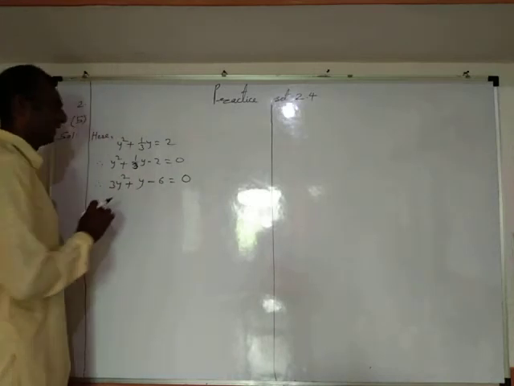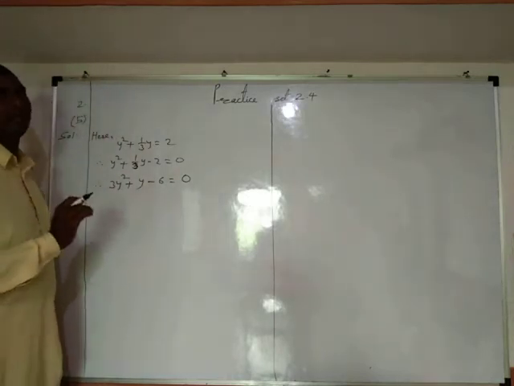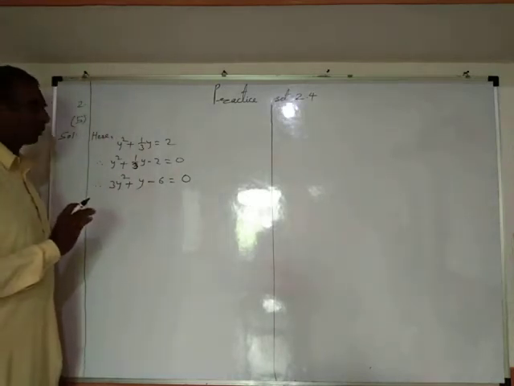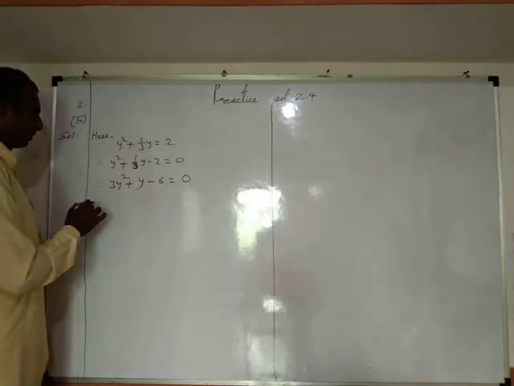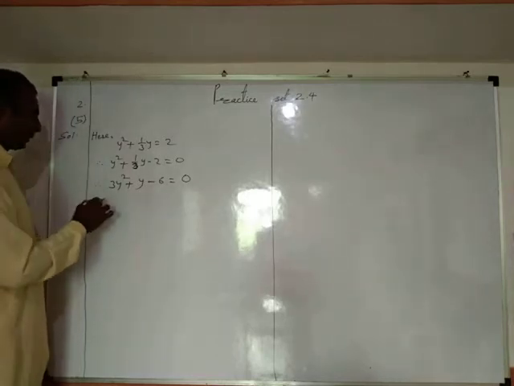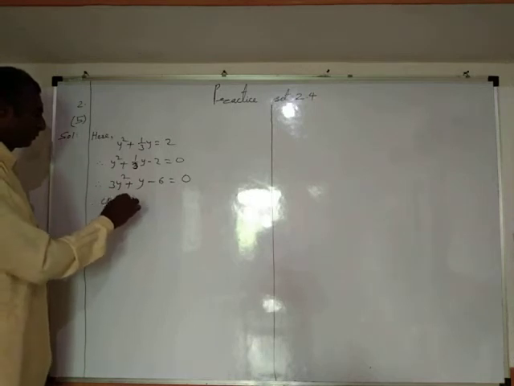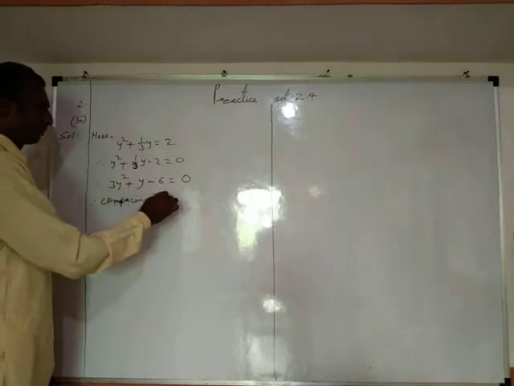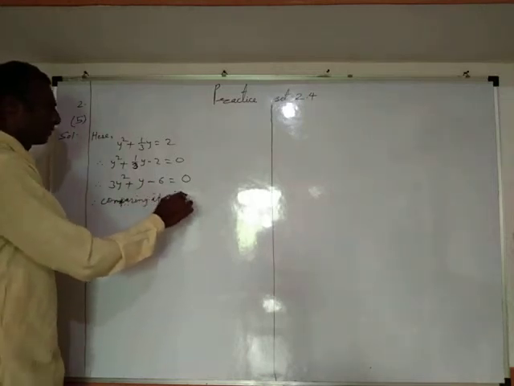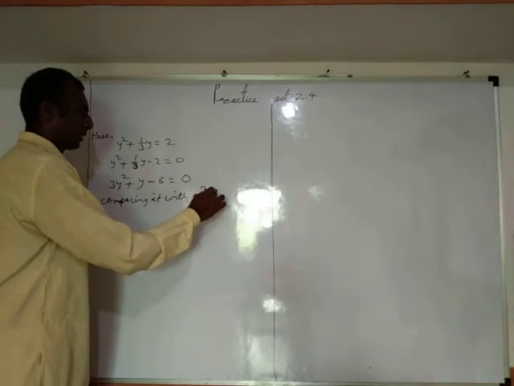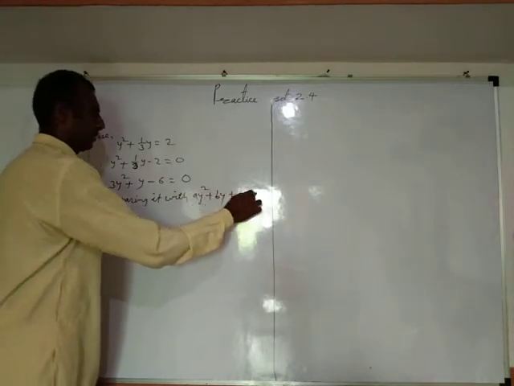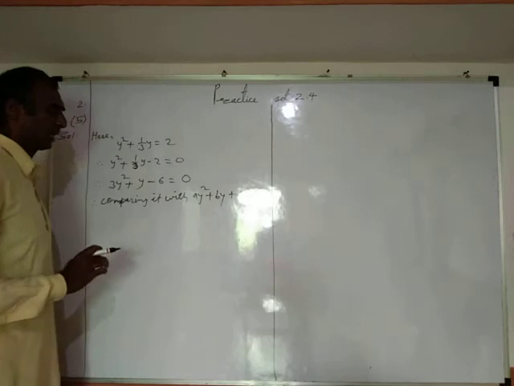Now it is in linear general form of quadratic equation, and therefore comparing it with ay square plus by plus c equal to 0, as variable is y.